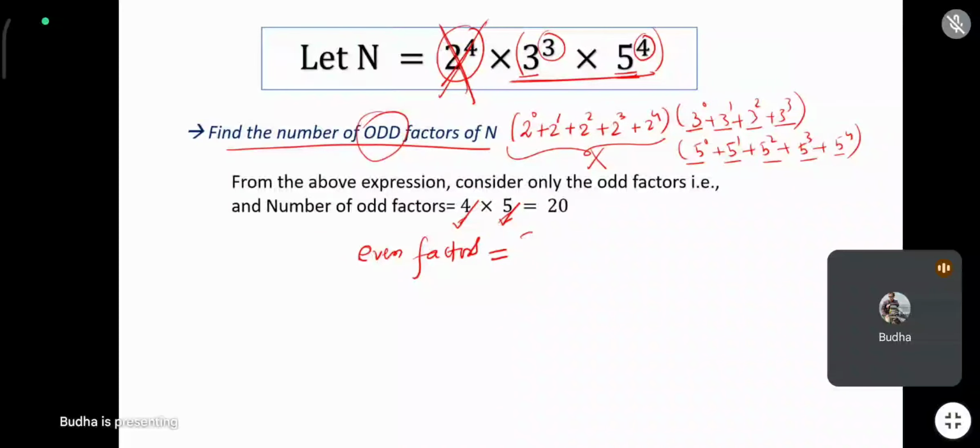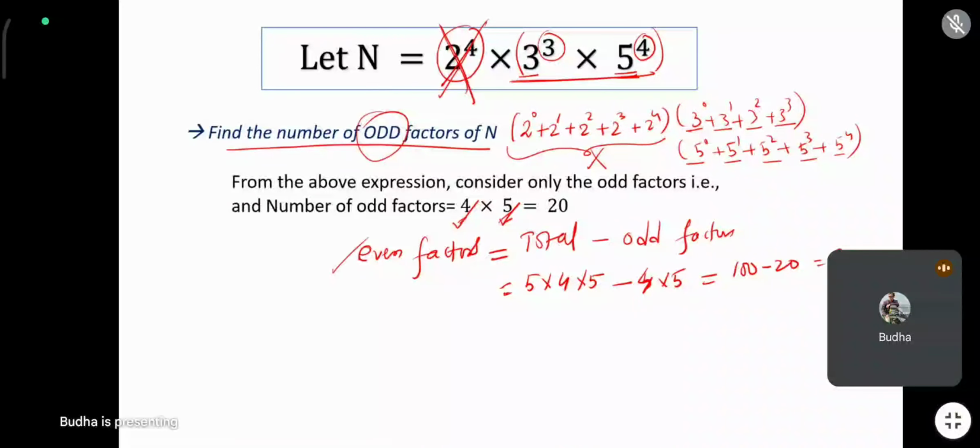So don't you think if from the total factors I subtract the odd factors, the remaining will by default be even numbers? Yes. So the total is nothing but, what was the total? 5 into 4 into 5, minus 4 into 5. So 100 minus 20 gives us 80. So those are even factors.